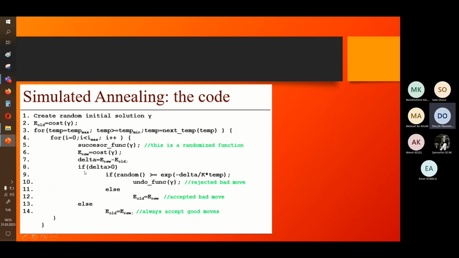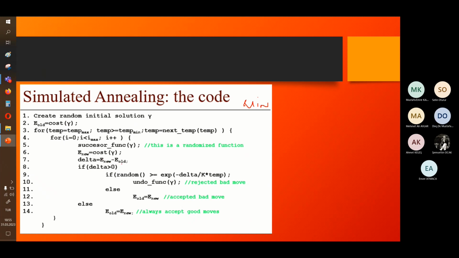Now, if delta is smaller than 0, it means we have to talk about this. Don't forget that this is a minimization problem.